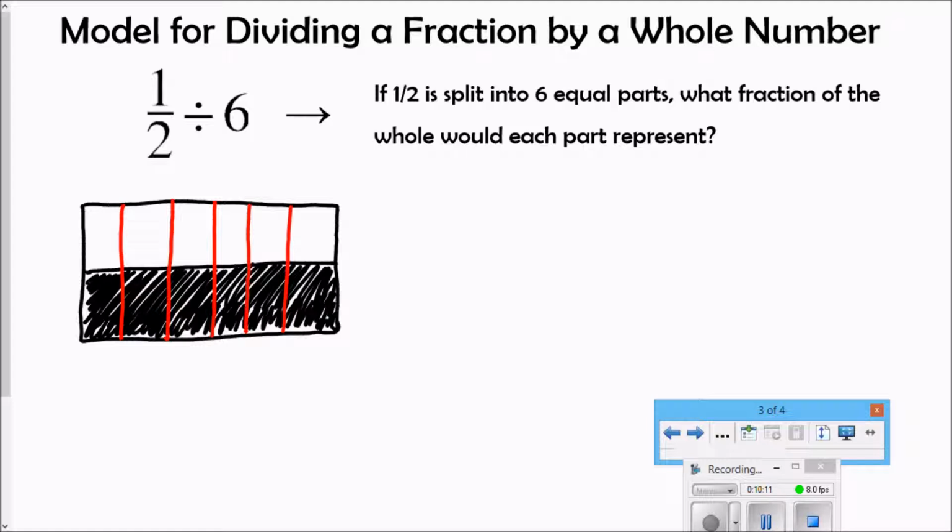I split it originally into 2/2, so that means that I have a total of 1, 2, 3, 4, 5, 6, 7, 8, 9, 10, 11, 12 parts in the whole. But I'm only going to focus on half, and I'm trying to figure out the value of each part. So if the whole thing is 12, each one of these smaller rectangles will equal 1/12.